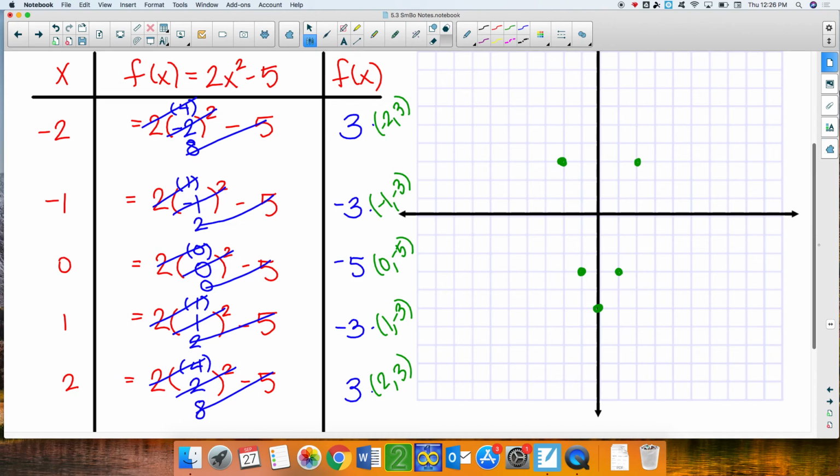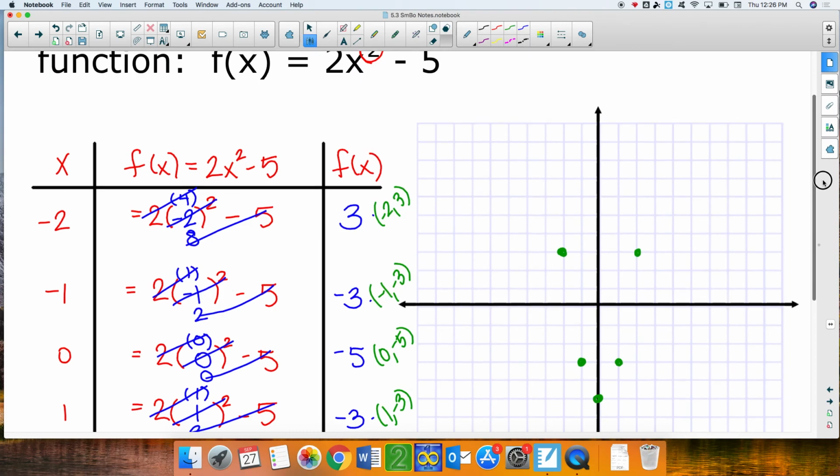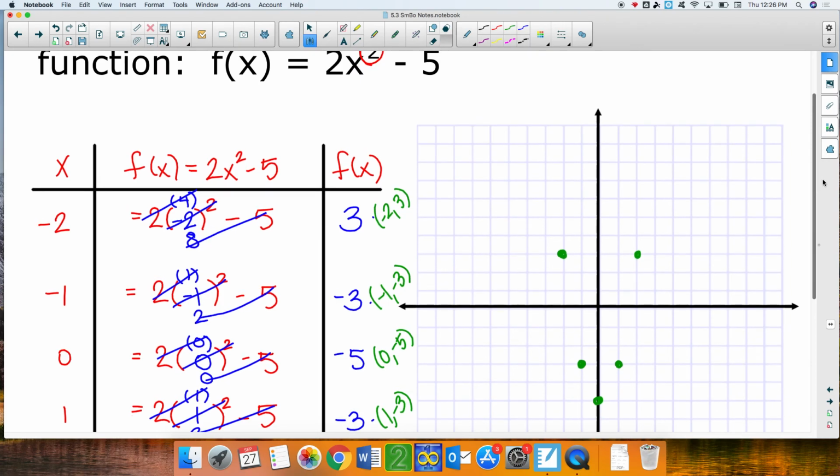Now, by looking at the points, it sort of looks like a V, but the thing that you need to memorize is that when you have an exponent of 2, this is going to form what we call a parabola, which is a U shape. And your U can open up or down.